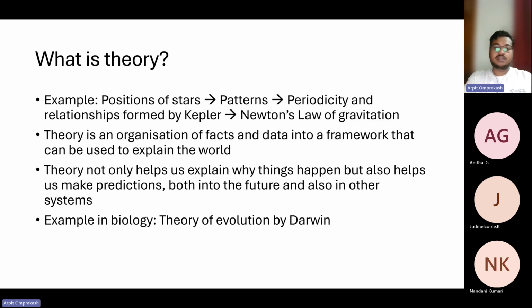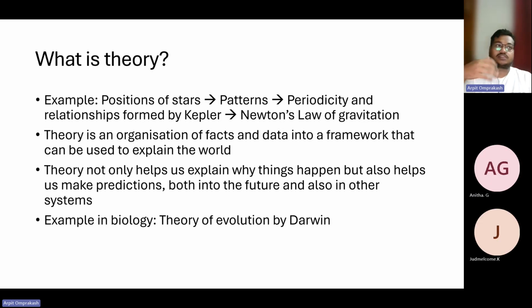Things like this can be predicted because of our understanding of Newton's law of gravitation, which is the theory. And even if we move out of our solar system into other systems of orbiting bodies, we can make predictions there because we know that gravity acts in a similar way even there, right?